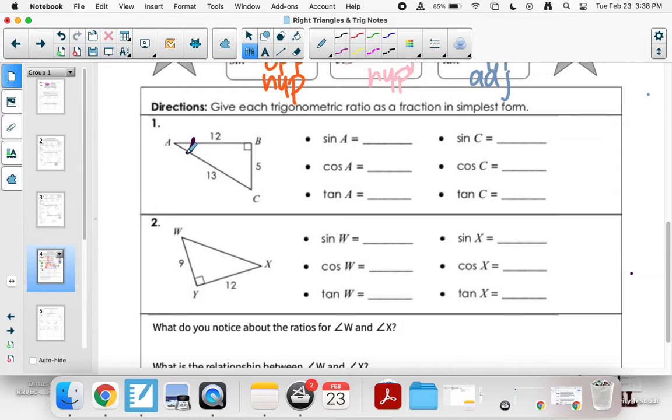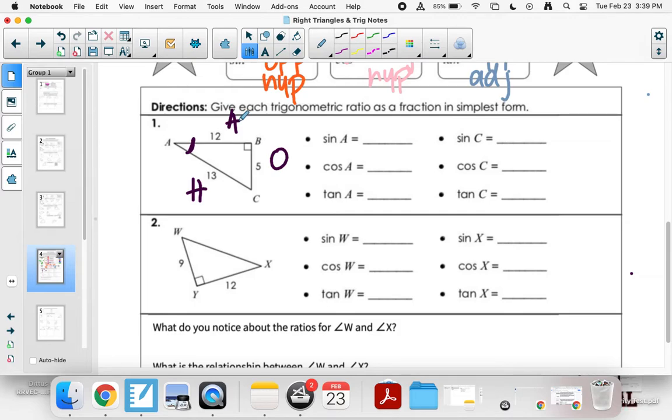Hypotenuse is pretty easy to find, across from our 90. This 13 is our hypotenuse. Also, the hypotenuse has to be the longest side. Opposite is the only side that doesn't touch our angle, in this case from A, that 5, side BC. So that leaves adjacent to be that side 12. Okay, so that's all from A's point of view.